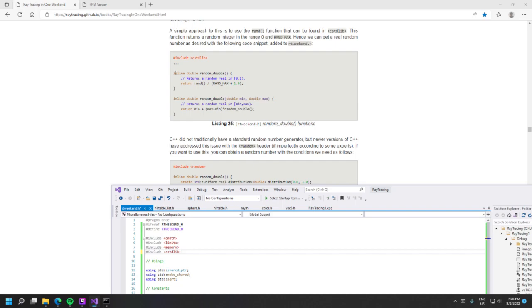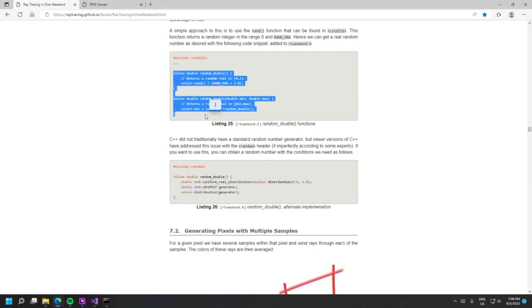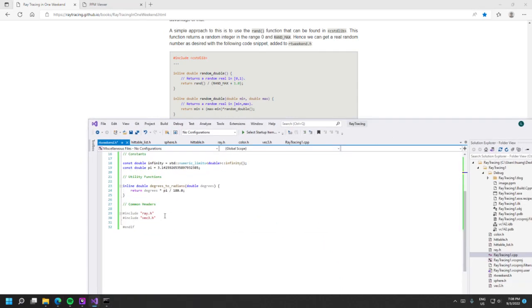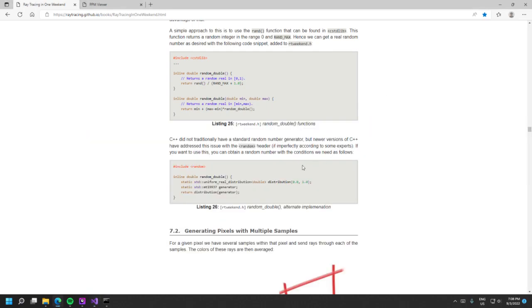Okay, so let's do the random double, and the random double that's scaled between min and max. Utility functions, okay. C++ didn't traditionally have a standard random number generator. I don't think it's any different.